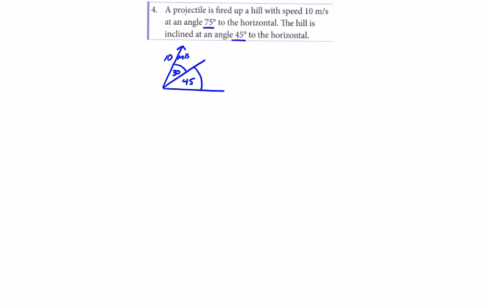So setting up my initial, my U1 is going to be U cos 30 in the I direction plus U sine 30 in the J direction.